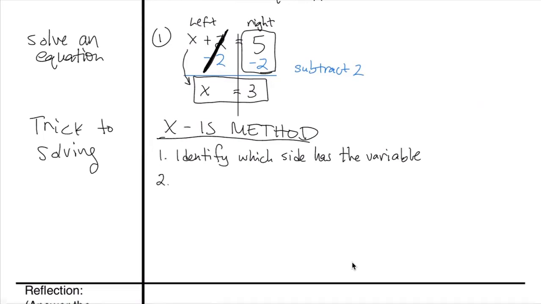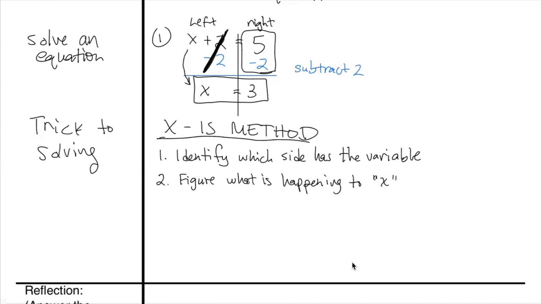Once you identify which side has the variable, then we need to figure out what is happening to, I'm going to put X, but it could be any variable, A, B, Z, Y. We're just going to call it X because most commonly we use an X for the variable.